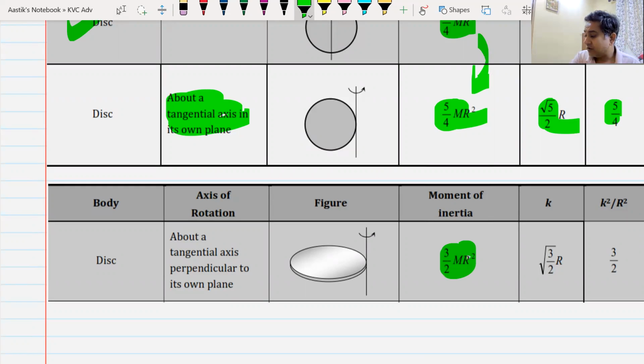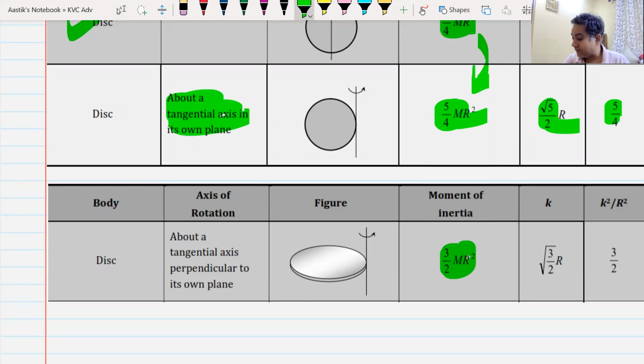Okay. Now you have this annular disk. Now this annular disk is somewhat controversial because it depends on whose mass is given. Normally the mass which is given is for the annular disk itself.